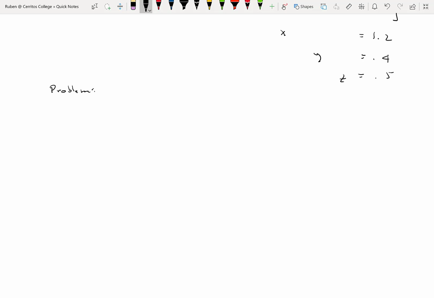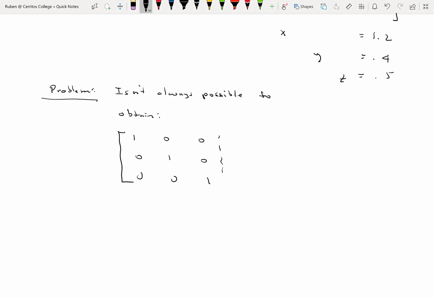Problem: it isn't always possible to obtain this matrix, 1, 0, 0, 0, 1, 0, 0, 0, 1, something, something, something. It's not always possible to get this.